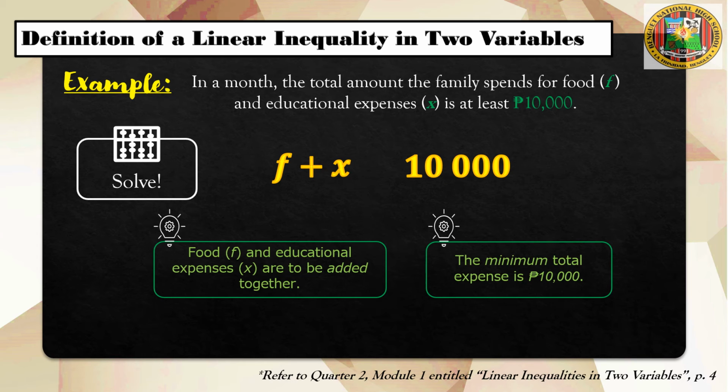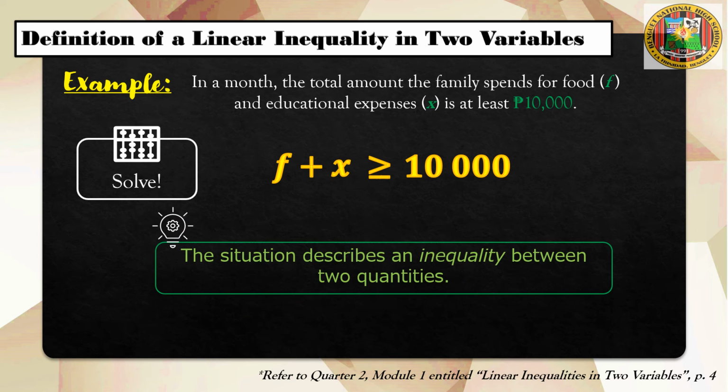Because the total expense should either be more than or equal to 10,000 pesos, the inequality symbol that we should use then is the more than or equal to symbol. The resulting statement, F + X ≥ 10,000, is an inequality that describes this situation.